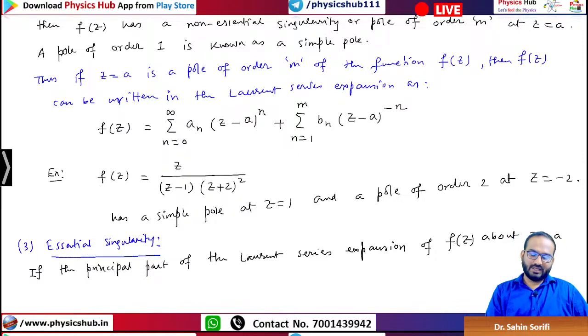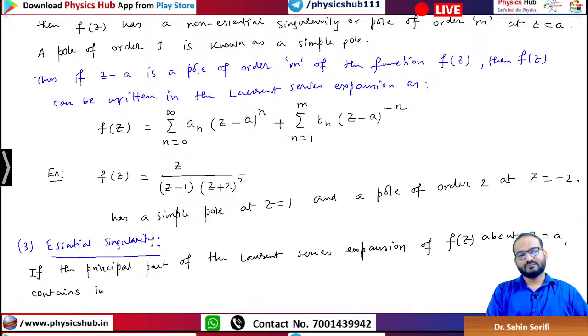If the principal part of the Laurent series expansion of f of z about z equals a contains, what may be the possibility? Infinite terms, yes.